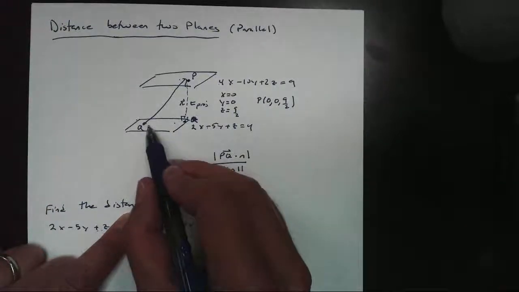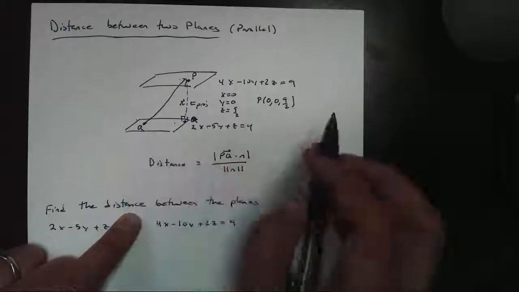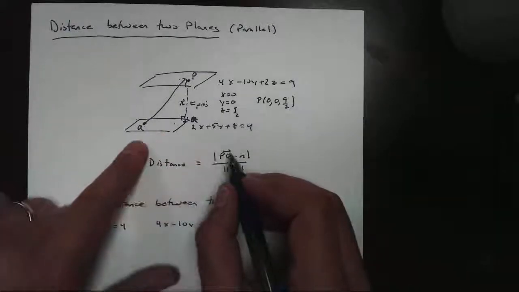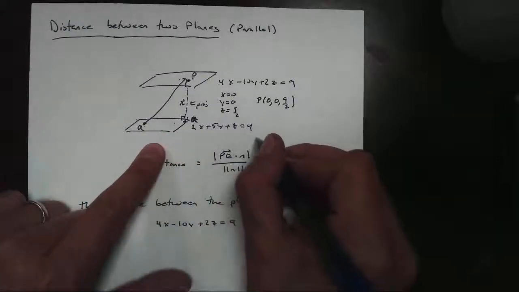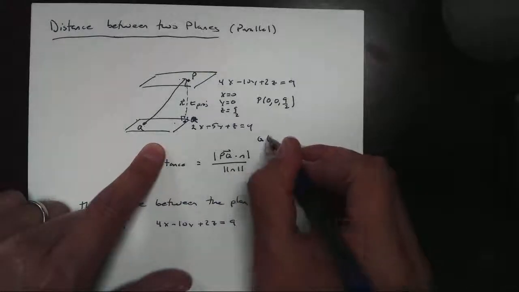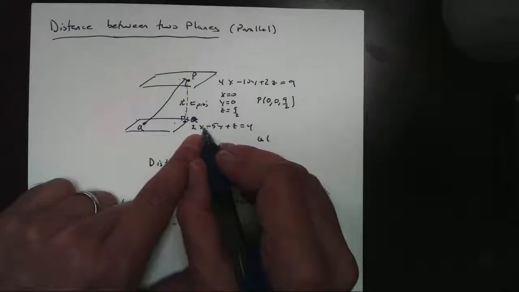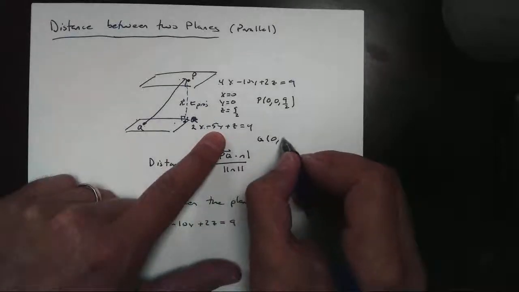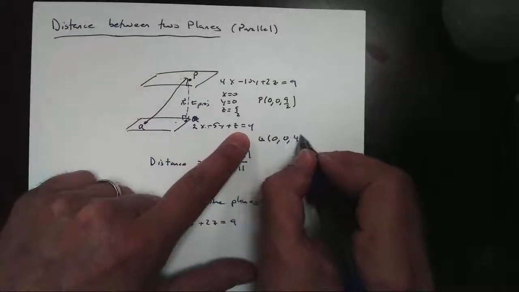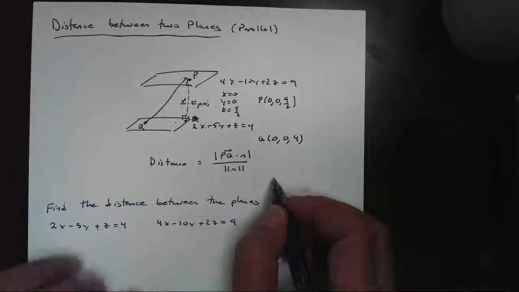So the first thing we need to do is find, of course, point Q down here. Q is on my bottom plane, so I can get Q again by picking values for x and y. I can say x is going to be 0, y would be 0, and z would, of course, be 4. Go simple on this one.